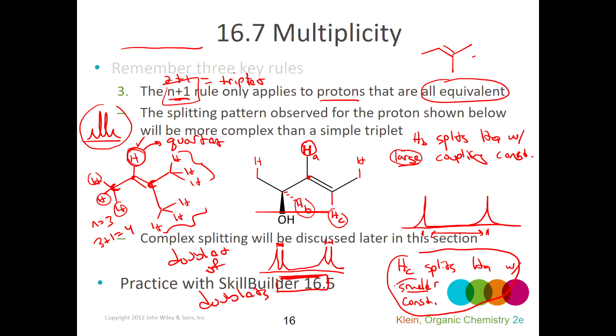So if they're all equally small coupling constants, then B would split A into a pair of peaks at a certain distance apart. And then C would split that pair into another pair. But with the same coupling constant, the second pair would be... Oh, I didn't draw that well. Let me try that again. The second pair would be overlapping with the first pair because the distance between the peaks in the first pair would be the same as the peaks in the second pair.